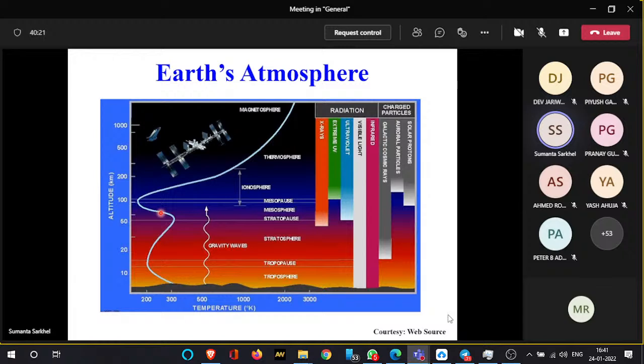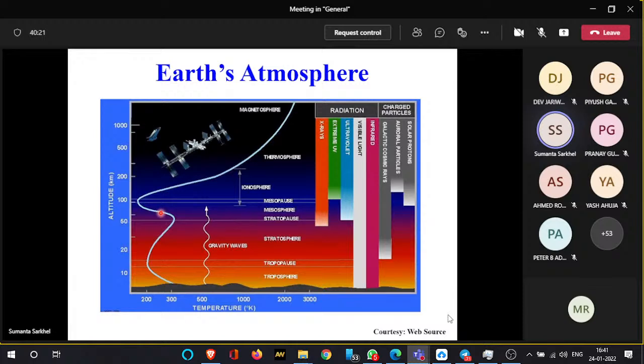But one part of this radiation is also used to enhance the kinetic energy of the molecules and atoms. So that is the reason the temperature increases in the thermosphere. And beyond a certain altitude, the density of the whole atmosphere is so low that there are infrequent collisions.